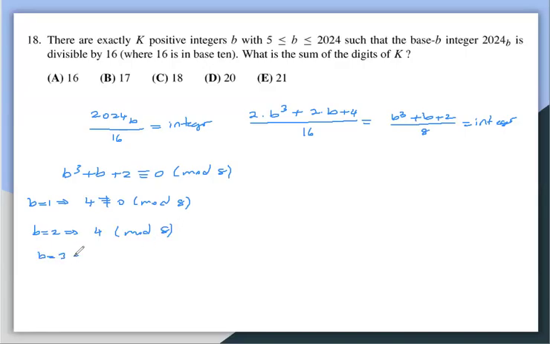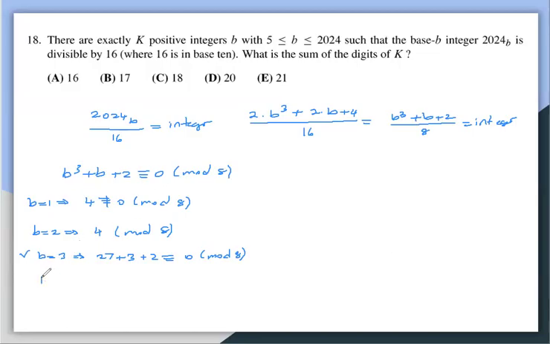B equals 3. So 27 plus 3 plus 2 gives 32, which is indeed a multiple of 8. So that does work, and if 3 works, we can add any multiple of 8 to 3 and it will work as well.